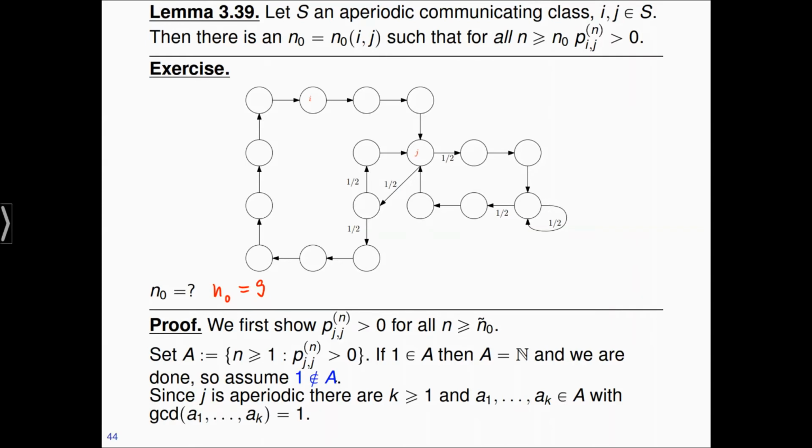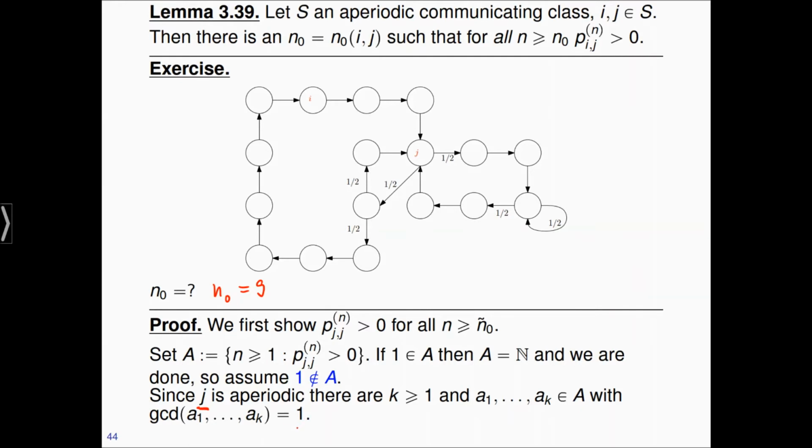Now we use that the state j is aperiodic. And this shows that A is not something like 2N or something. Yeah, so it's not a grid. Or in other words, the greatest common divisor of the elements of the set A is 1. Yeah?